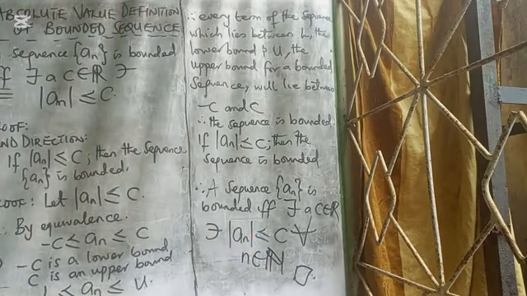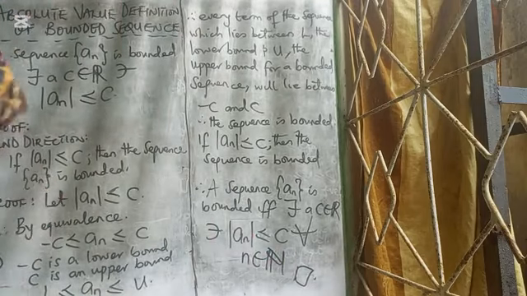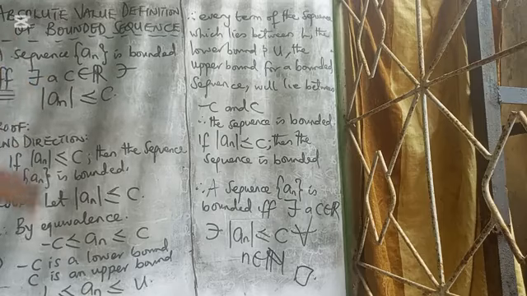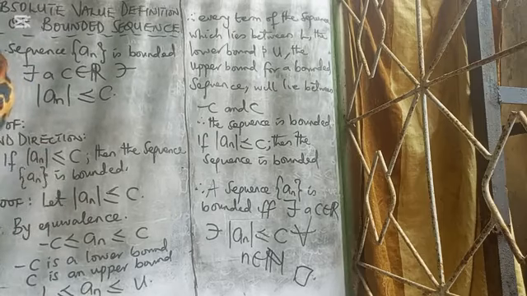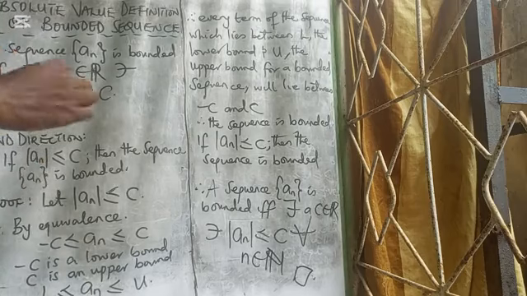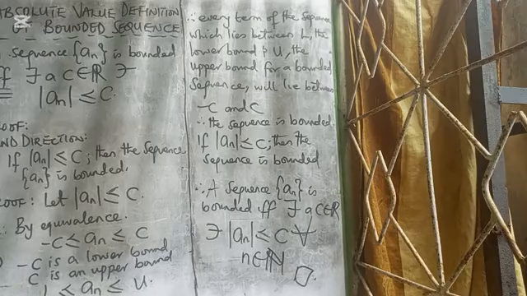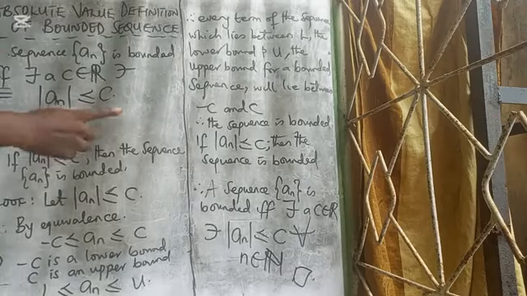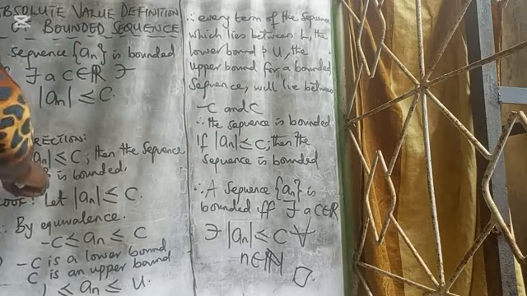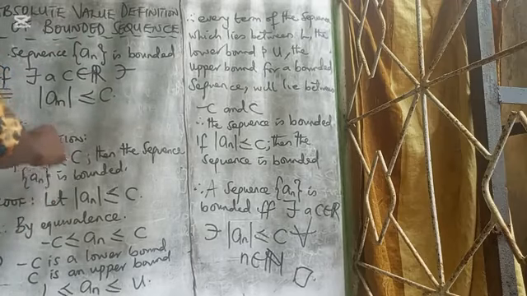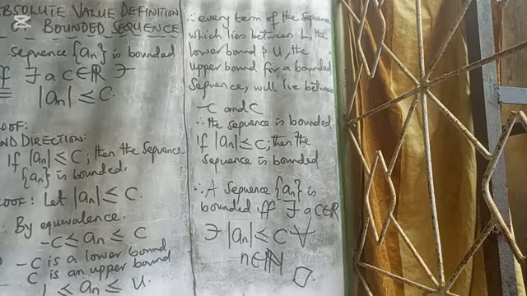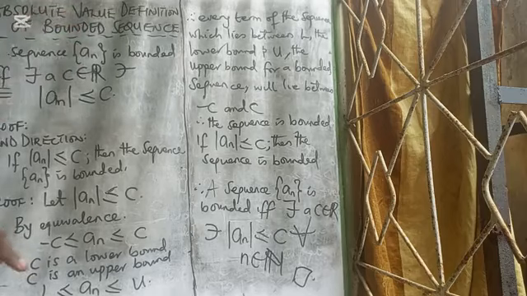Remember once again that I said the proof for this absolute value definition of bounded sequence is in two directions. The first direction is to show that if the sequence is bounded, then the absolute value of a sub n will be less than or equal to C. And we make the assumption that the sequence is bounded.